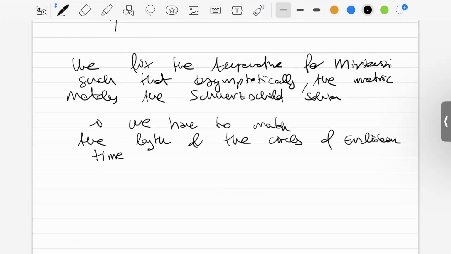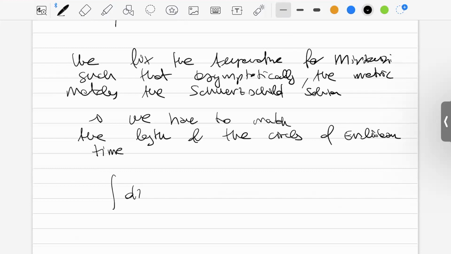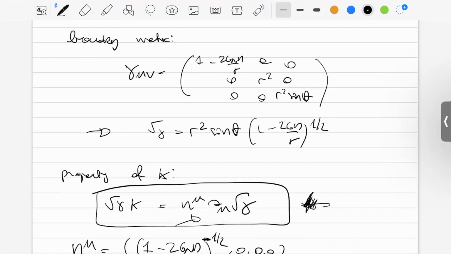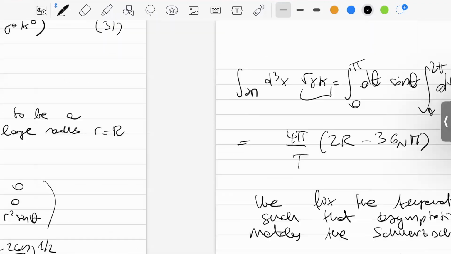So what does it mean? It means that the integral over tau of square root of gamma tau tau, going from 0 to 1 divided by T, I require to be equal to the integral over tau of square root of gamma 0 tau tau, from 0 to 1 divided by T0. This is the length of the circles, and I require them to be the same.